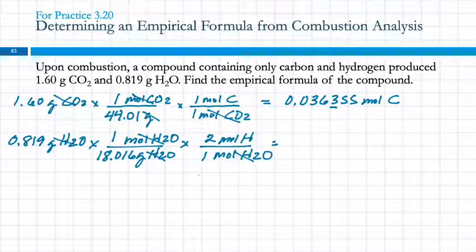0.819 divided by 18.016 times 2. So this is 0.0090919 moles of hydrogen.